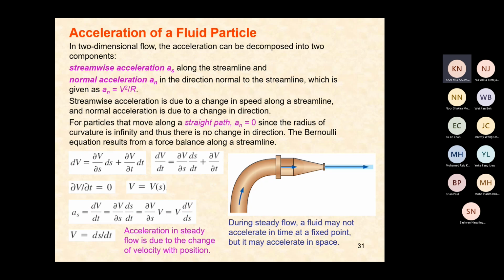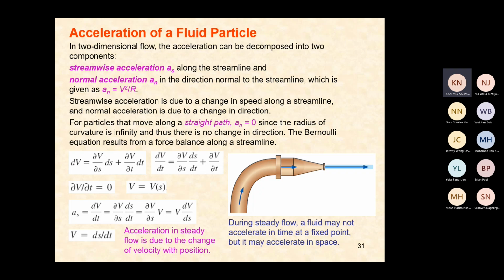In this case, we can write for the Bernoulli's equation that streamwise acceleration as, if it is curvilinear, then the normal acceleration an can be written as V squared by R. Considering the straight path, then R becomes infinity, so this part equals 0, and then an is equal to 0.